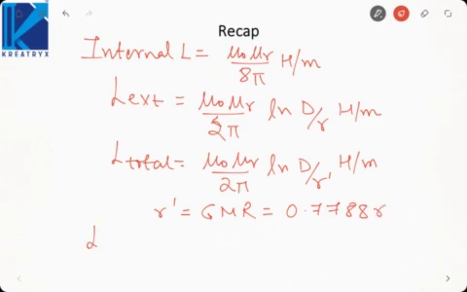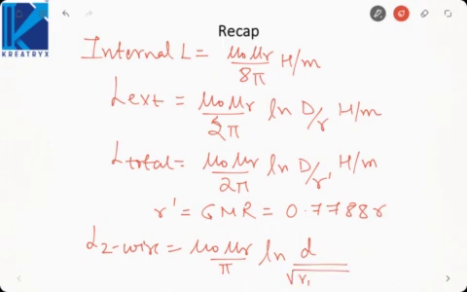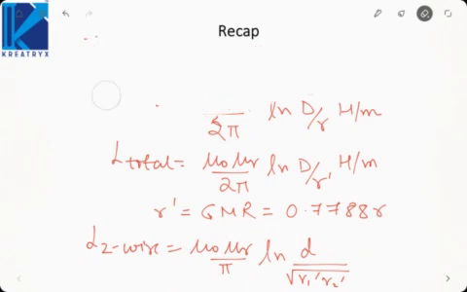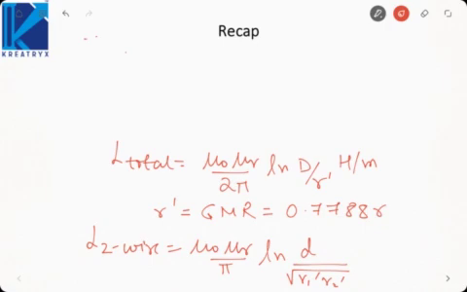Then we saw the inductance of a two wire line, that is mu naught mu r by pi ln d by under root r1 prime and r2 prime. This was the GMR of the system. It was the geometric mean of the GMR of the first conductor and the GMR of the second conductor. And then we saw the flux linkage of a conductor in a group.